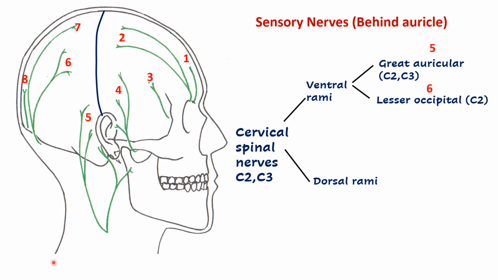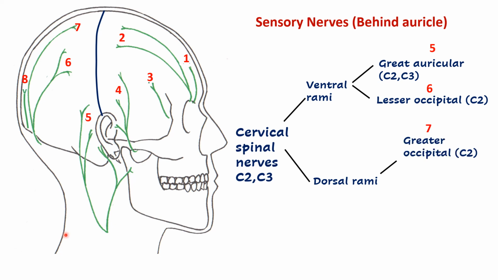Next we have, now the nerves which will come, they will all have the word occipital, right? So the one which is coming from the ventral ramus, which will be supplying here, that will be the lesser occipital, and root value will be C2.